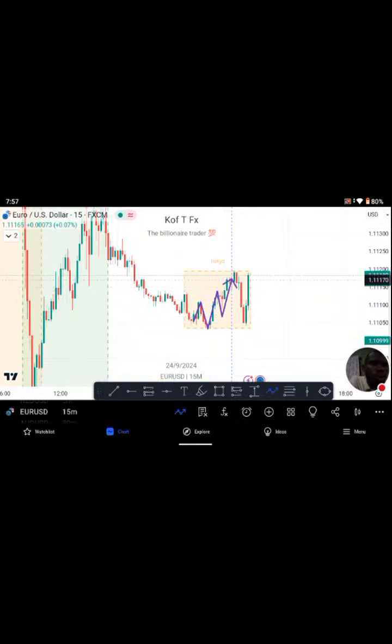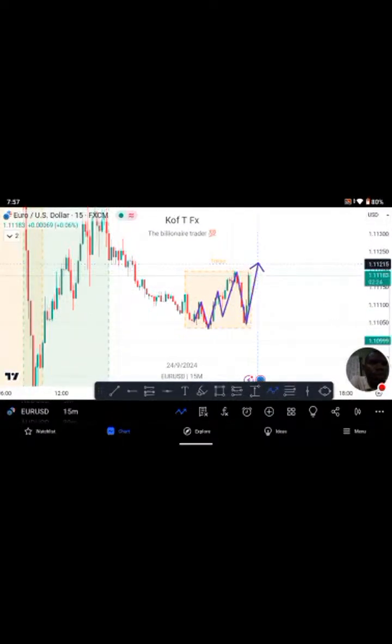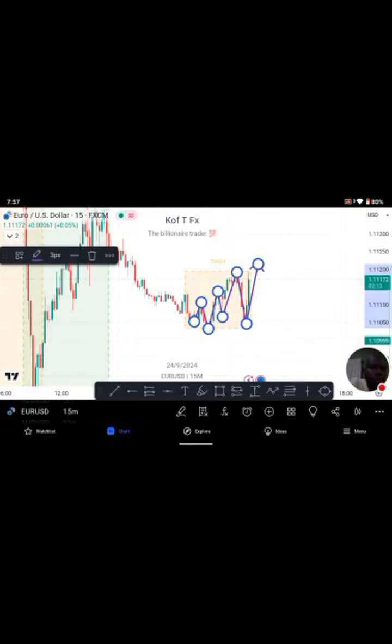Then we would have been waiting for it to take out the high, then set our limit for a buy. But we don't have something like that. So there is no trading opportunity here as well.